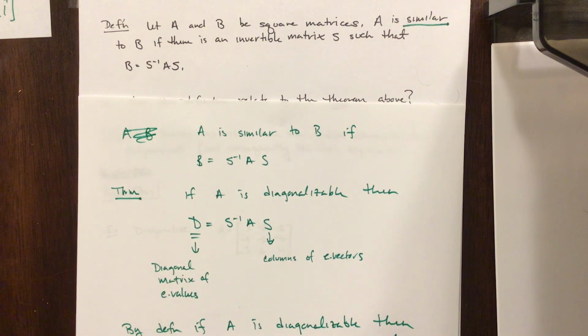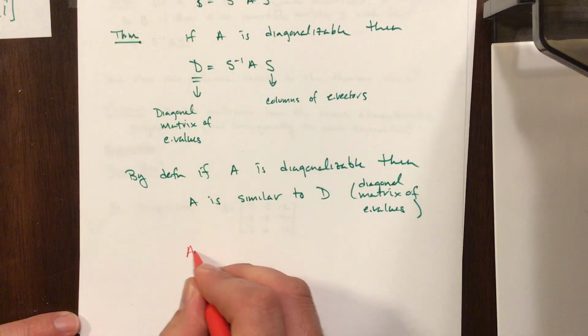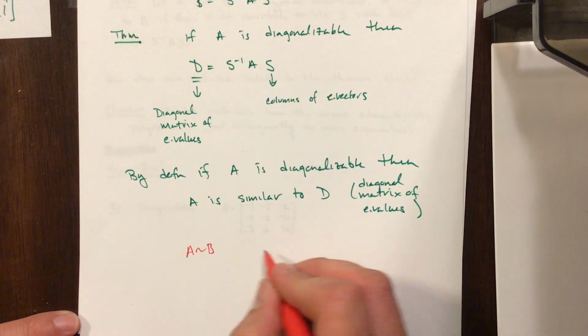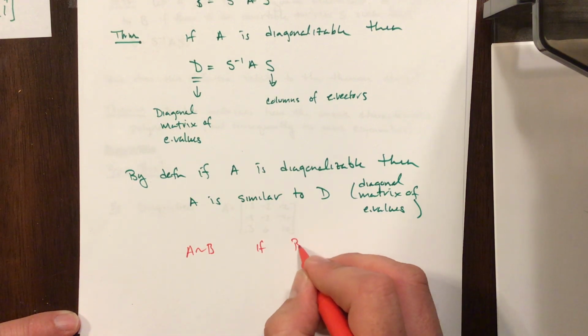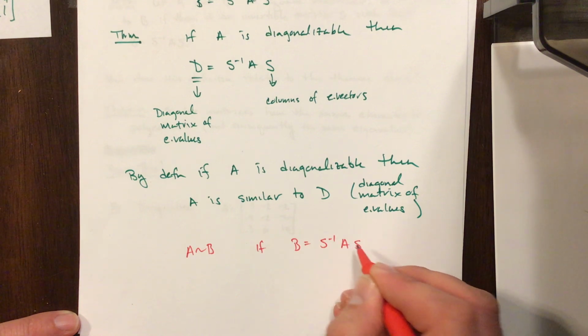One thing that I'm going to note, and I'll write it here in red: we talked about A similar to B if B is S inverse AS.